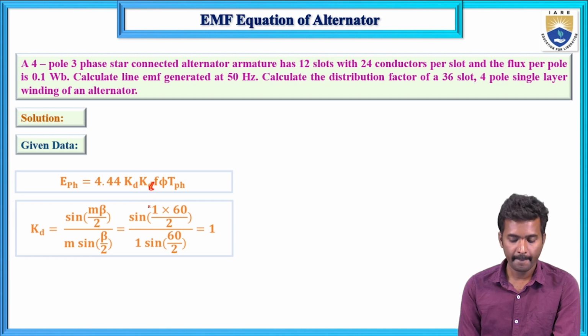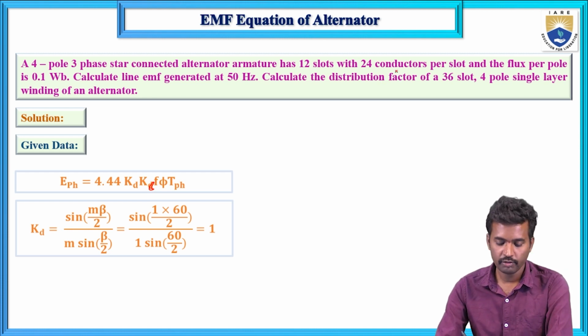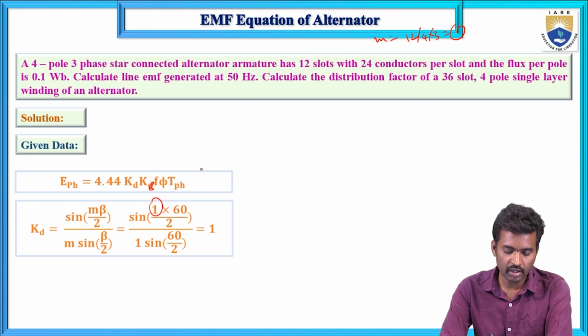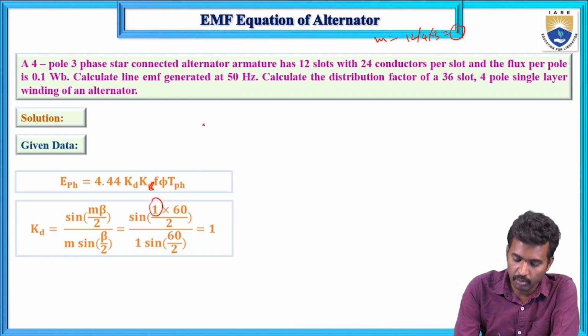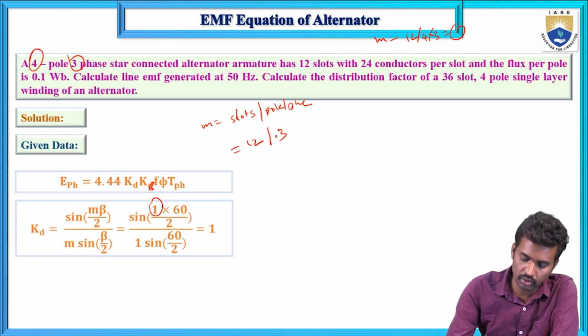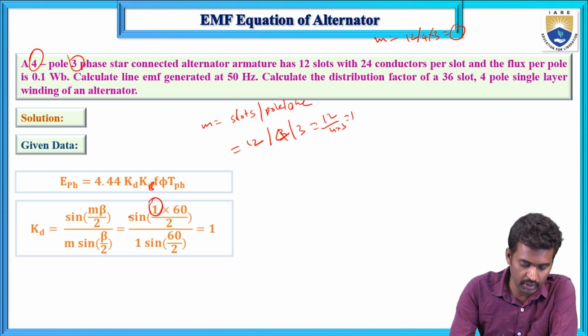Here m equals 1, the number of slots per pole per phase. That equals 12 by 4 into 3, that equals 1 only. Total number of slots is 12, poles are 4, and phases are 3, so 12 by 4 into 3 equals 1.